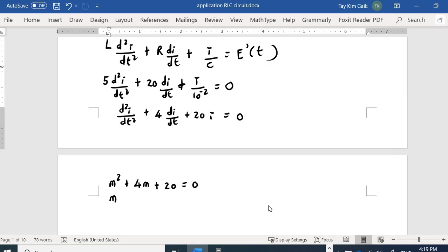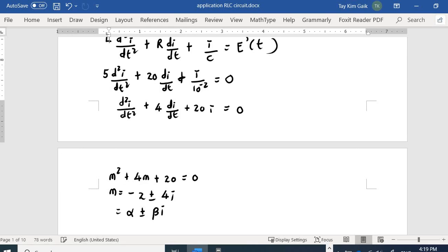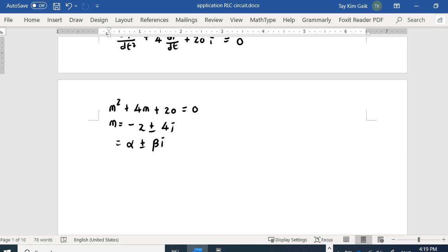Means the m you have is negative 2 plus minus 4i, which is in the form of alpha plus minus beta i. Refer back to the table for homogeneous solution. Your I should be in the form of e to the alpha t, A cos beta t plus B sin beta t.